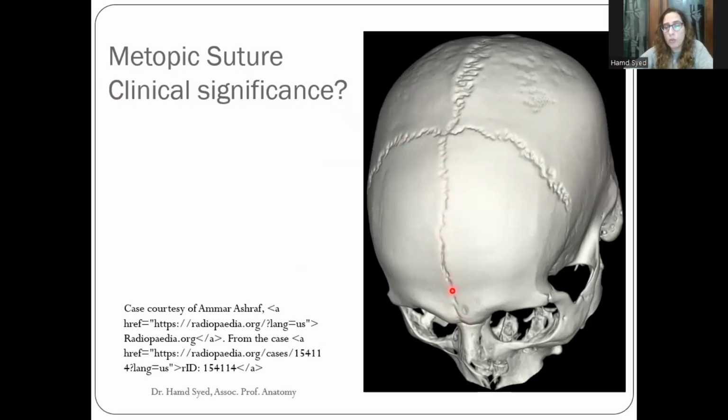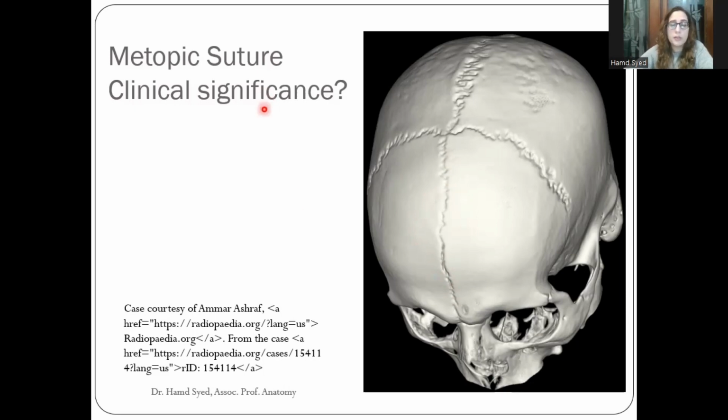This metopic suture might be incomplete. The newborn skull has this metopic suture, but it closes between 3 to 9 months of age. It is one of the earliest sutures to fuse, but permanent obliteration of the metopic suture takes place by about 7 to 8 years of age.